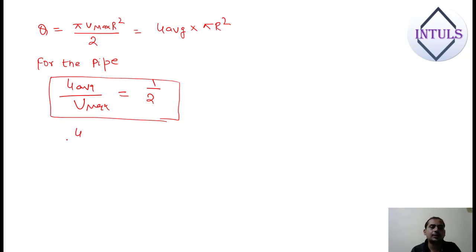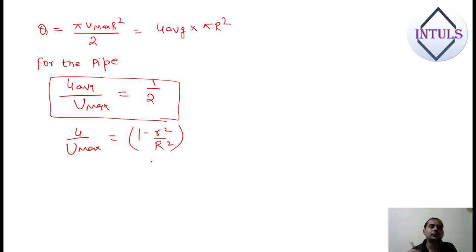And what is the relation between u and u max? It will be 1 minus small r square by capital R square. So I think you are very clear about that.